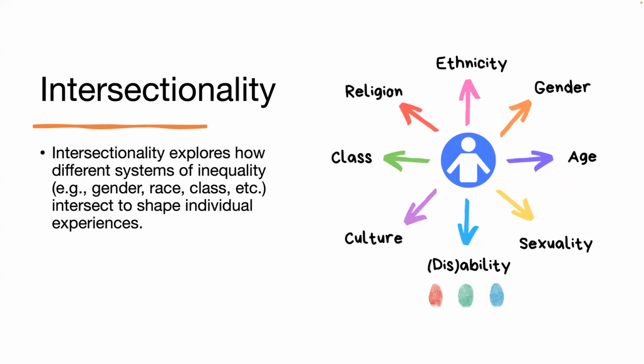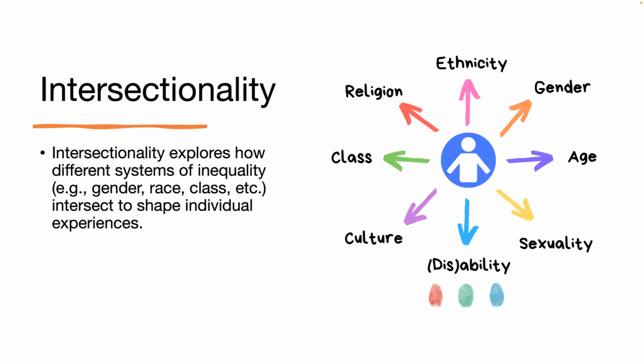Intersectionality helps us understand that her experiences are influenced by both her gender and her race. It's not just about being a woman or being a person of a certain race. It's about how these aspects interact and create unique challenges and advantages.